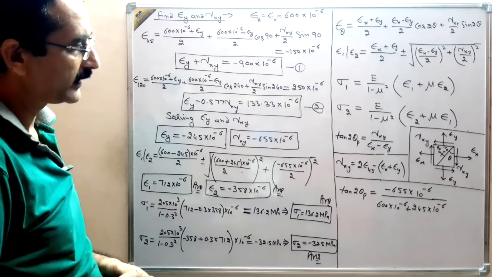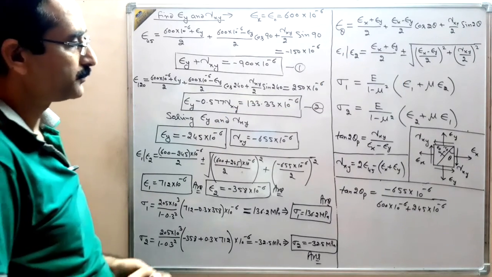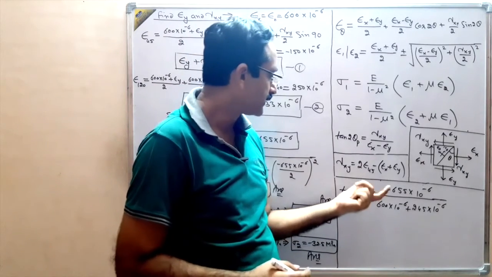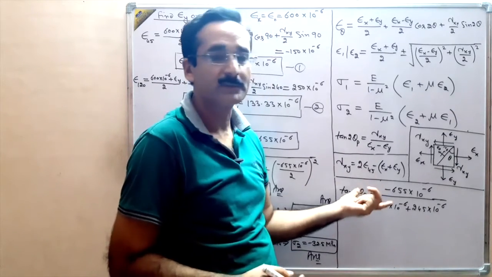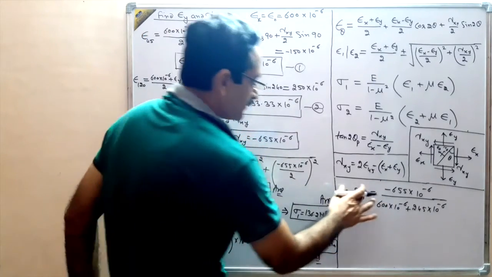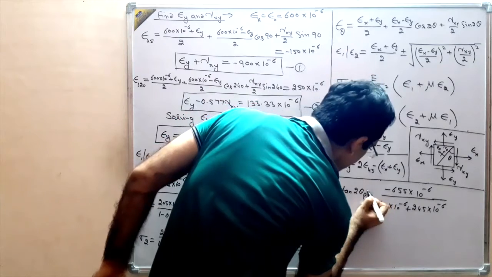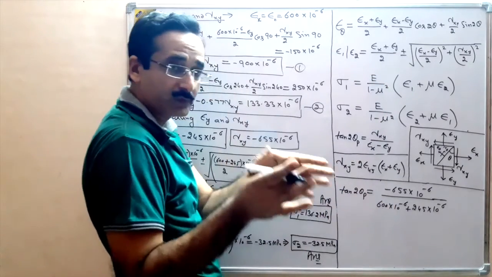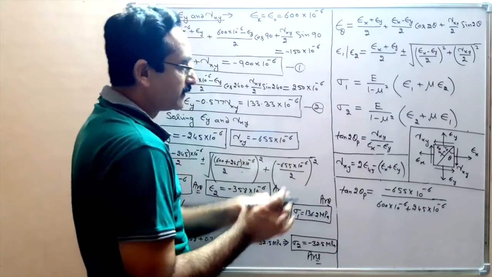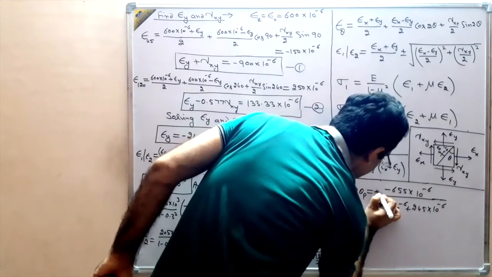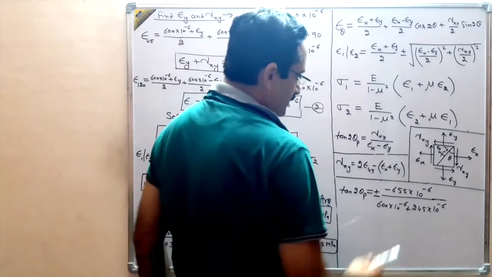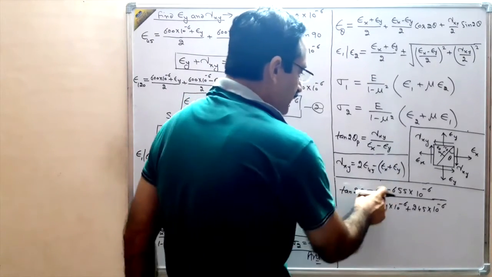Solving it, you will get the result. You will get the plane where the major or minor principal strains are acting, taking plus or minus. Because there are two mutually perpendicular planes, there are two principal strains. That's why I'm writing plus and minus here, right? When minus is multiplied by minus, you get a plus answer, otherwise a minus answer.